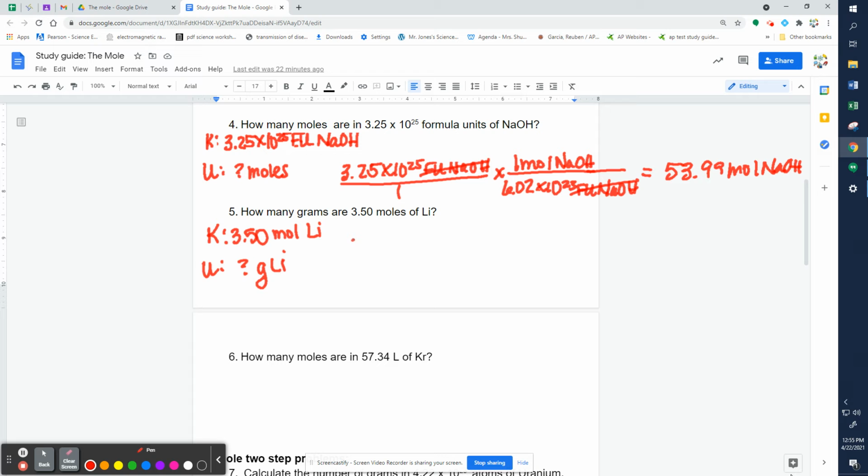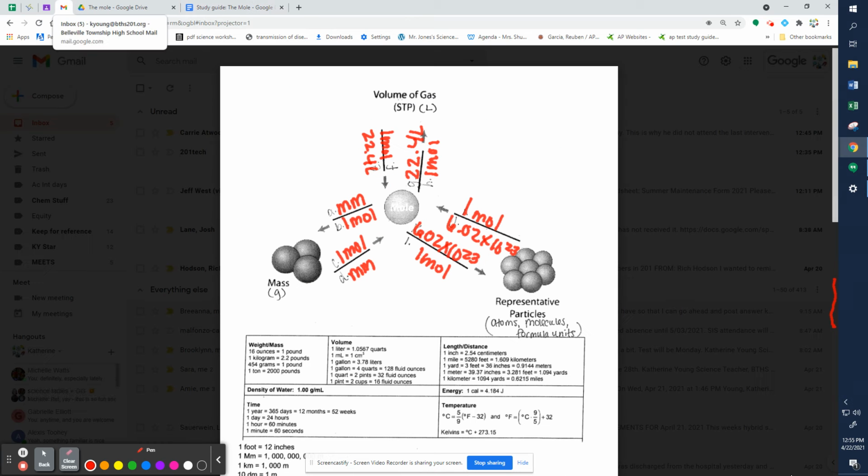Take my known and put it over 1. I'm going from moles to grams. From moles in the center to grams. So I need my molar mass over 1 mole.